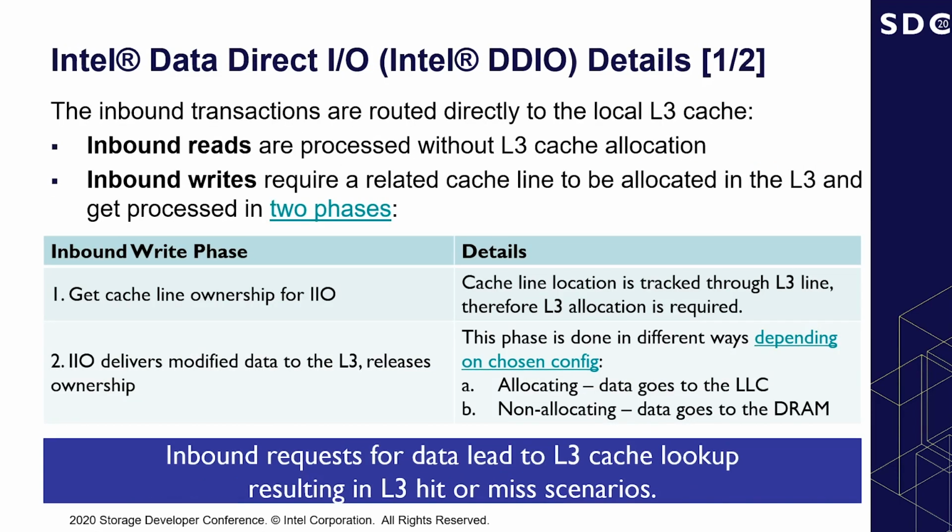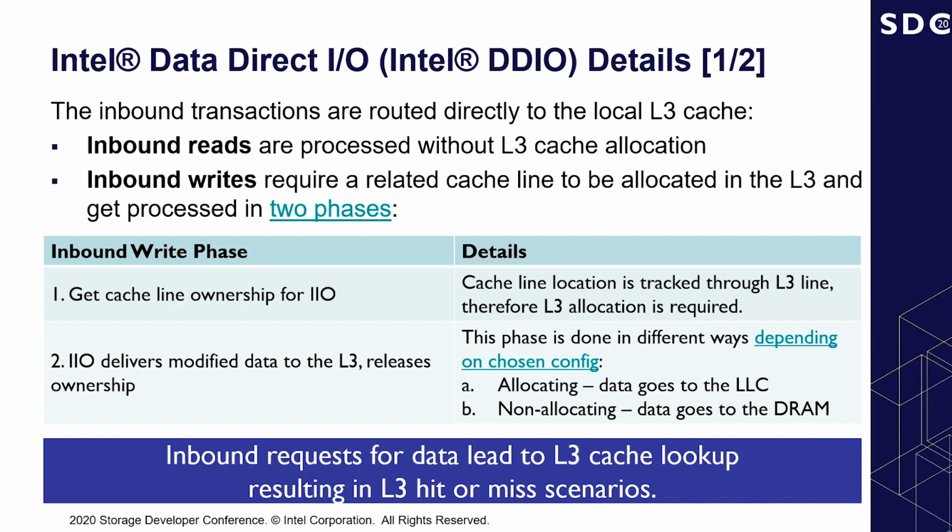Now we can get into the details of what Intel DDIO is and why it helps and improves I/O performance. The key thing to remember about Intel DDIO is L3 cache access, because it allows I/O devices to talk directly with a local L3 cache rather than main memory.